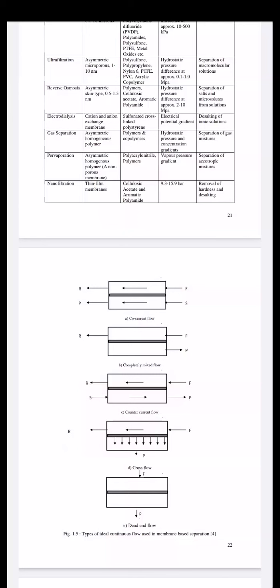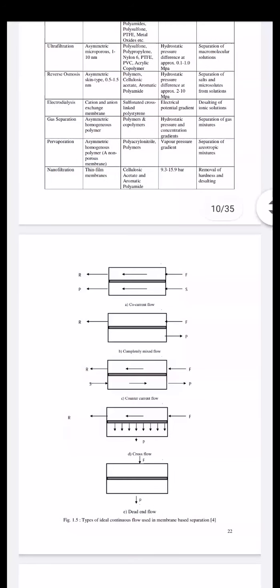It's not a joke. You should have an assembly to withstand such pressure, and by using such membrane material, membrane type, and varying pressure, we can remove the hardness and achieve desalting.